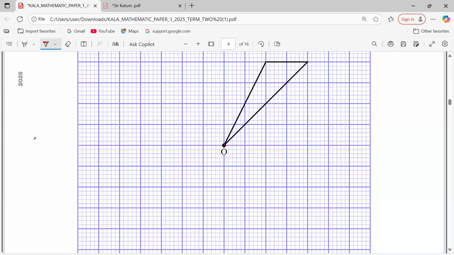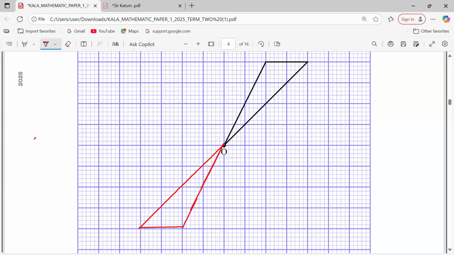Same shape on the other side, that we can join here. Then we also need to do the same for the others.